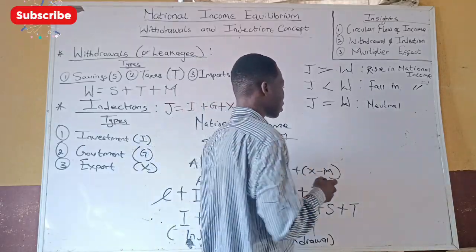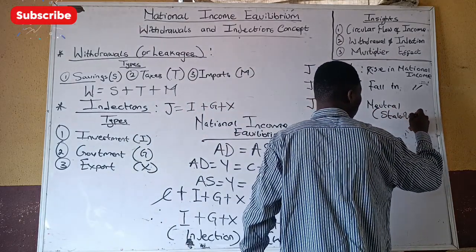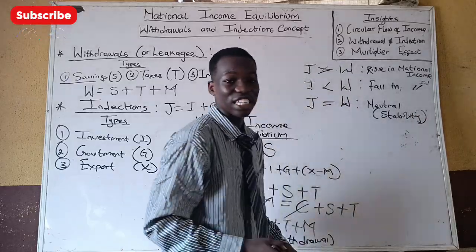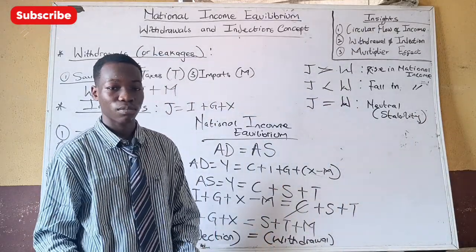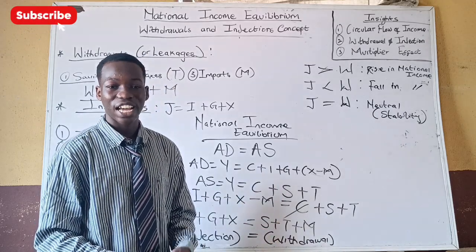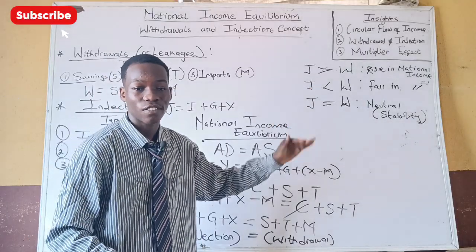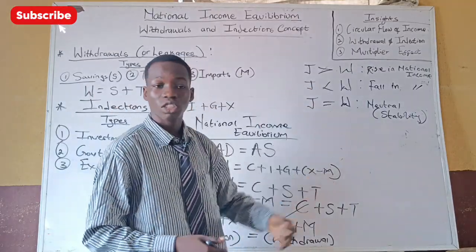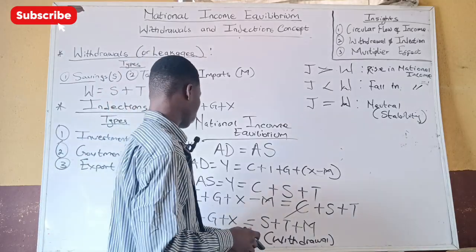And in this instance, there is going to be stability. Stability in what sense? That there is no excess demand, no excess supply. And what again can we see? We can say that there is not going to be a tendency of rise and fall when the money injected is equal to the money withdrawn.